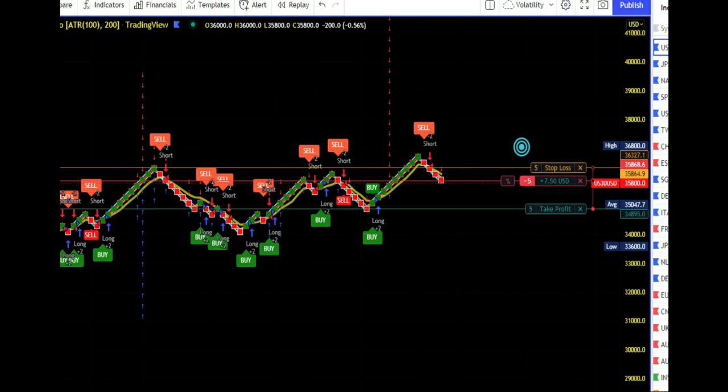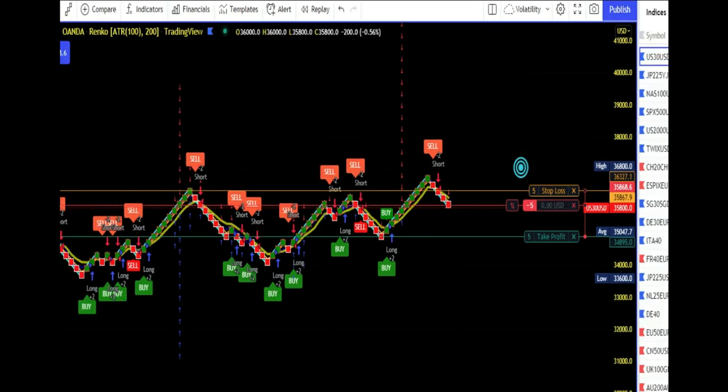The second is, what will happen if your system is not working? If you have a really the best possible trend trading system of the world, but it does not work in consolidations, or you have the best possible scalper system, breakout system of the world, but it's not working in trending systems, right?